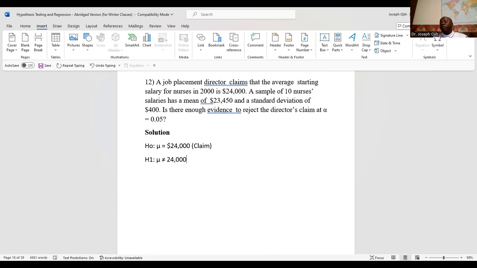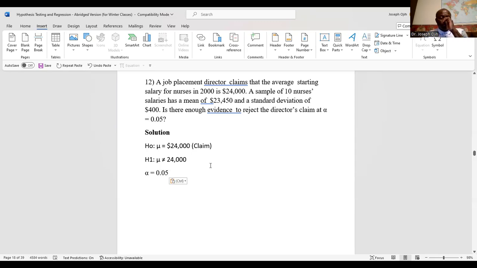We're going to be using the critical value here because this is the t-test. I mean you can use the p-value for a t-test too, but for this one we're using the critical value. So our alpha is 0.05. Alpha equals 0.05.